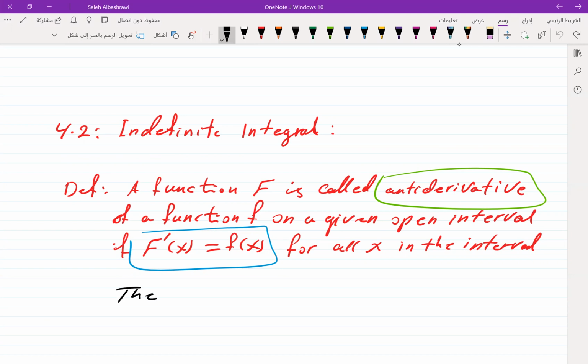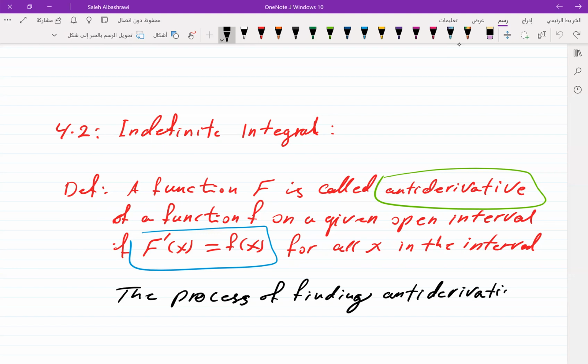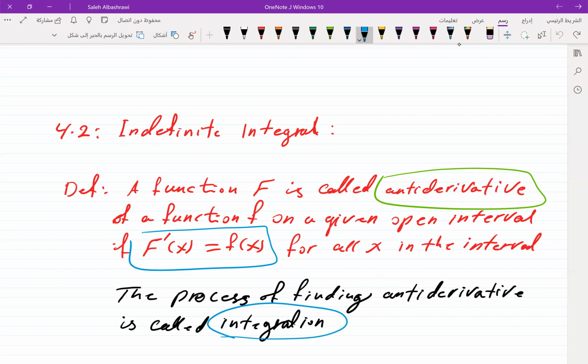The process of finding the original function, or the antiderivative, of the given derivative function is called integration.